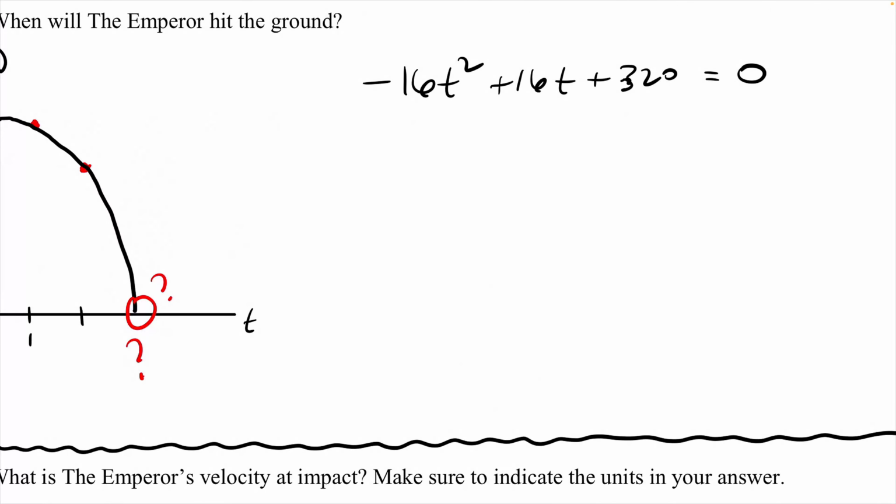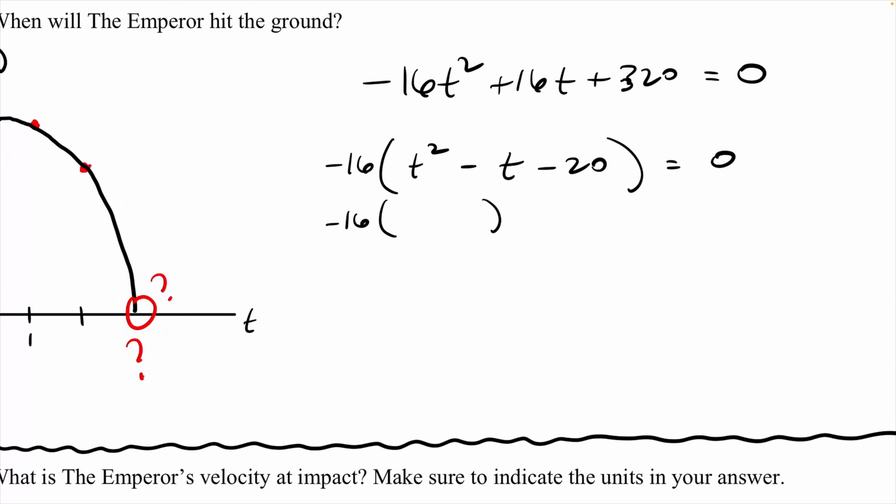Well, this is a quadratic. So GCF, you can divide them all by negative 16. So we're looking for two numbers that multiply to be negative 20 and add to be negative 1.